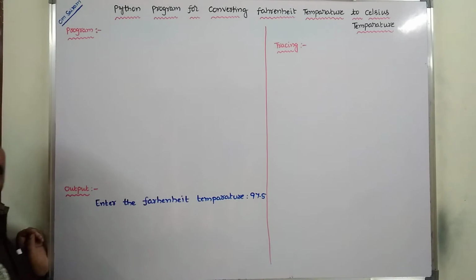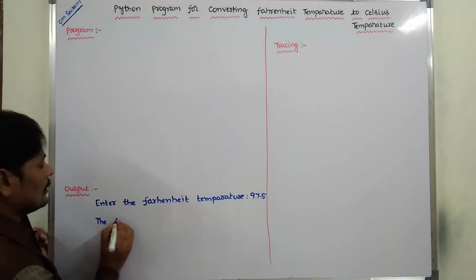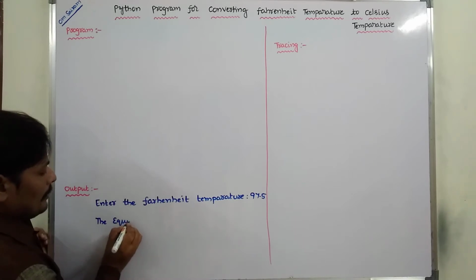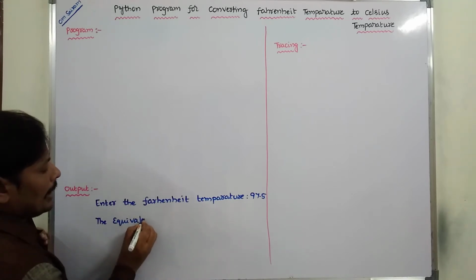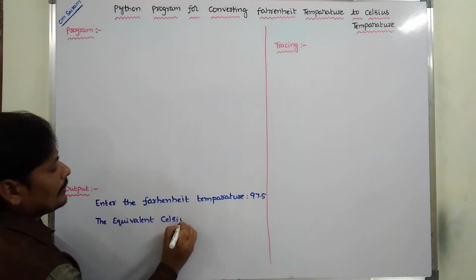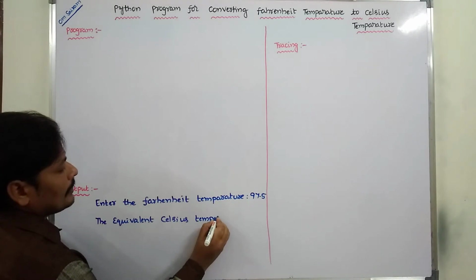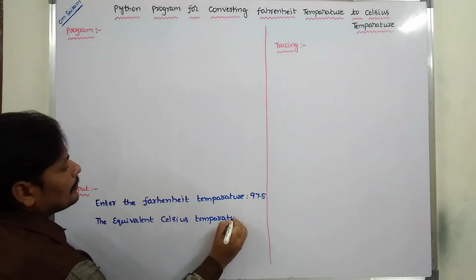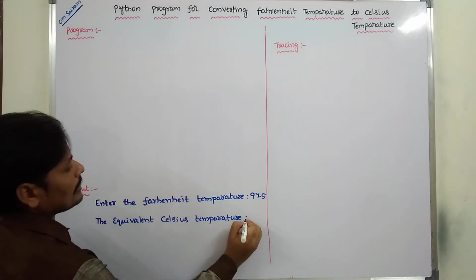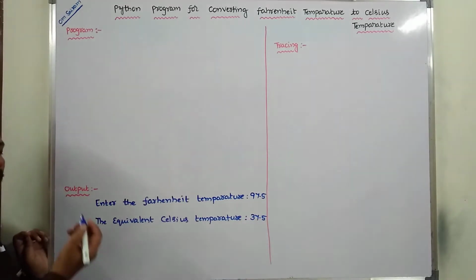This is the Fahrenheit temperature. So the equivalent Celsius temperature is 37.5. How are we getting it?